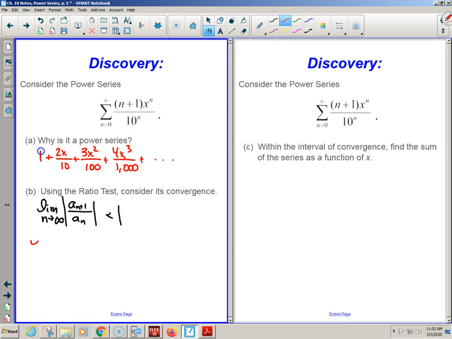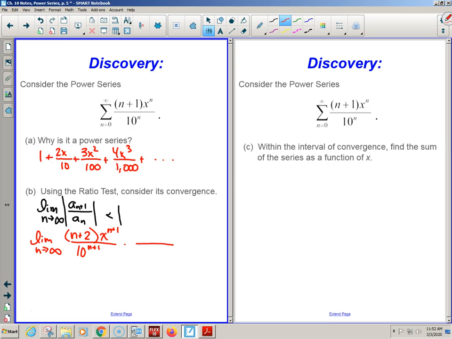So how can I use the ratio test to consider convergence? Can't I take the limit as n goes to infinity of the n plus first? First of all, these are positive. Do I need the absolute value? No. Okay, good. Throw that out. But what's the n plus first term? N plus 2, because it's n plus 1, times x to the n plus 1 all over 10 to the n plus 1 times... okay, ratio test, hold on, when you divide by the n, isn't it multiplication of the reciprocal?